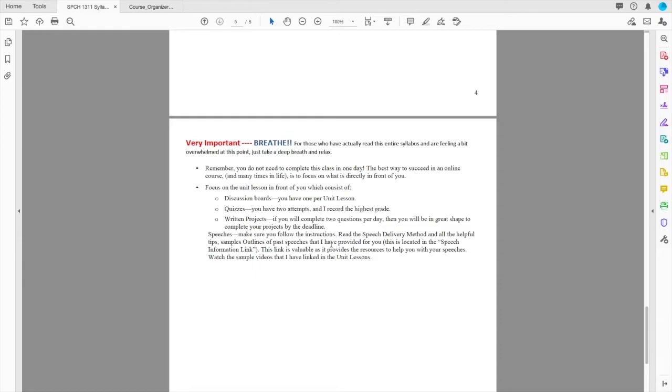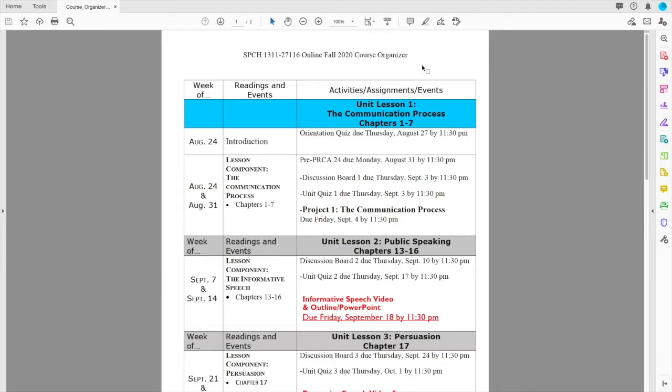Now we're going to look at our course organizer. So this is our course organizer. The course organizer gives you the information of what assignments you need to be working on and the due date.